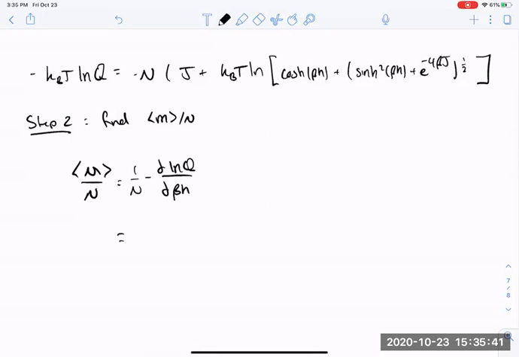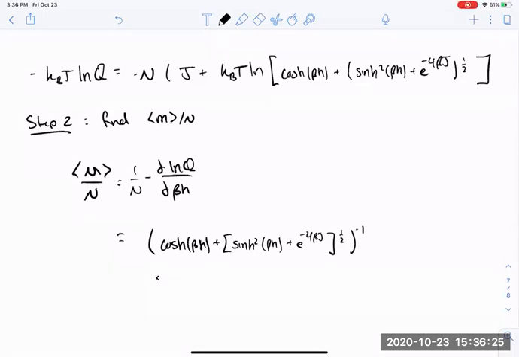That is equal to something really nasty. Let's see, what's simple? The H dependence is not in the first term, so that will go away. It's all in the second term. And there are 2 factors from the hyperbolic cosine and the hyperbolic sine squared, so we should get 2 terms. First, taking the derivative of the log is going to bring down a factor of this whole thing. That's from the log.